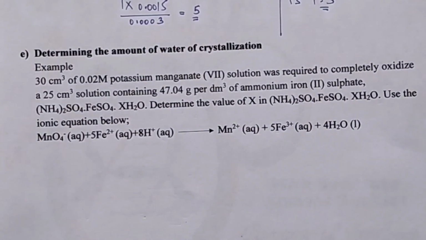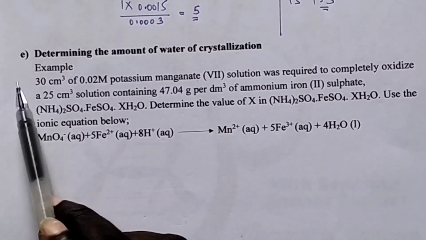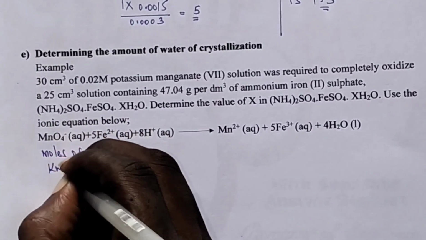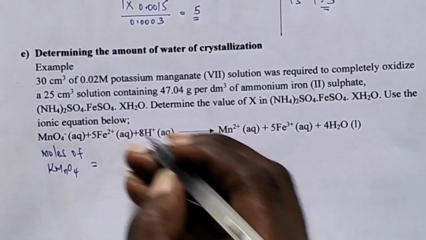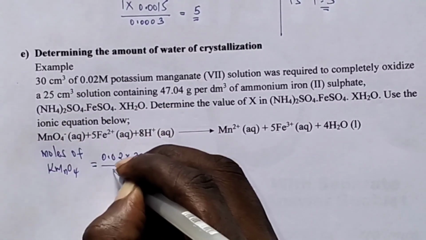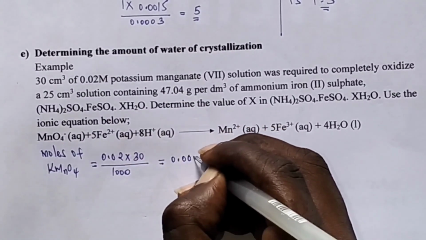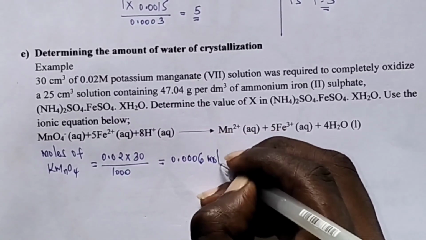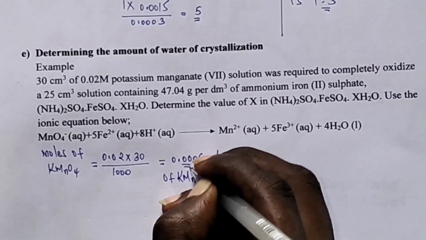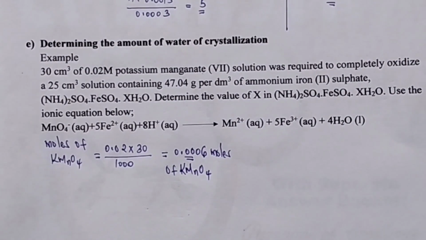So we can start by looking at the number of moles of potassium manganate(VII) because we have its molarity and volume. Moles of potassium manganate(VII) is given by molarity, 0.02, multiplied by volume, 30, then divided by 1000. Here we get 0.0006 moles of potassium manganate(VII). Next we have to get the number of moles of ammonium iron(II) sulfate using the ionic equation given.